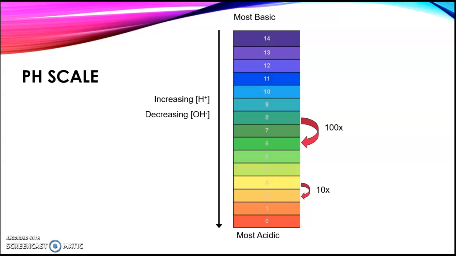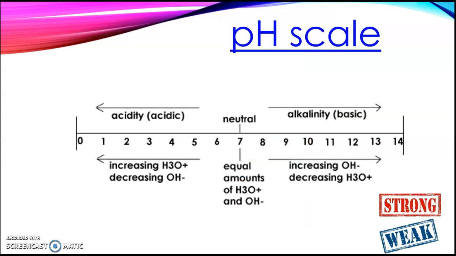Essentially, the smaller the number, the higher the pH. If we go from 0 to 14, each pH is 10 times greater than the number after it. The greater the concentration of H3O plus hydronium ions, the greater the acidity and the lower the pH.